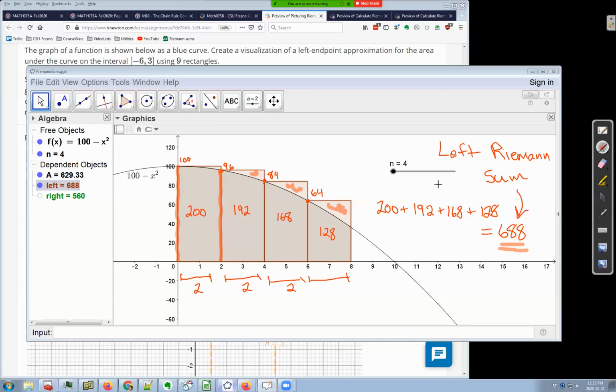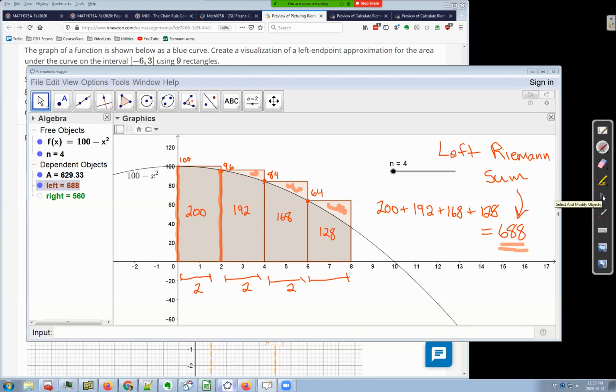And the actual answer is no. They're all more or less the same. They all give you estimates. In this case, our left Riemann sum is an overestimate, and our right Riemann sum is an underestimate. But in general, that might not always be true. They're just different ways of getting estimations, and neither is any better than the other.